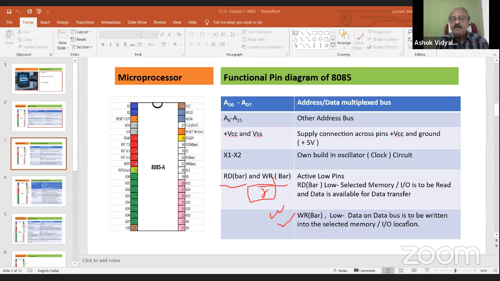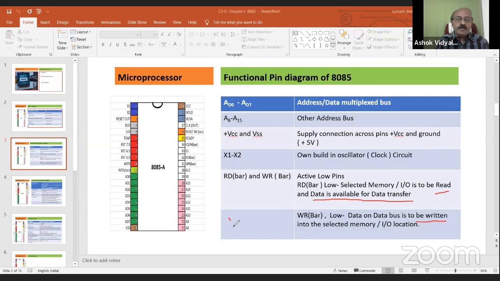Data on the data bus is to be written into the selected memory. And here, whatever the data for which the memory is selected, that should be made available onto the data bus. See the difference between the wording. The IO is read and data is available. And here, data is to be written.